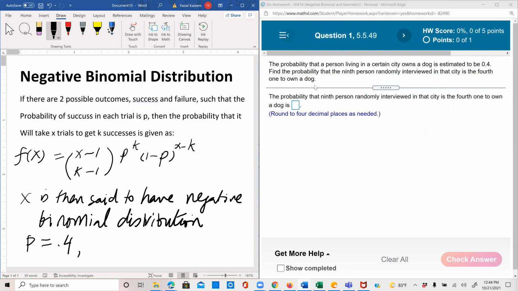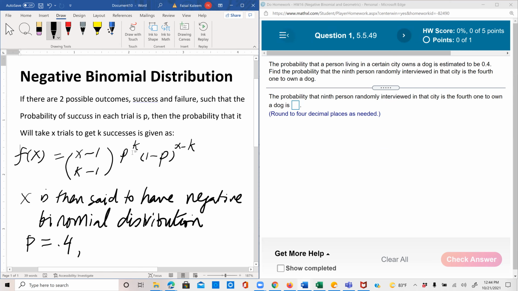Find the probability that the 9th person randomly interviewed in the city is the 4th one to own a dog. So it's the same as saying that it takes 9 persons to find 4 dogs. So the 9th, the success is having a dog.